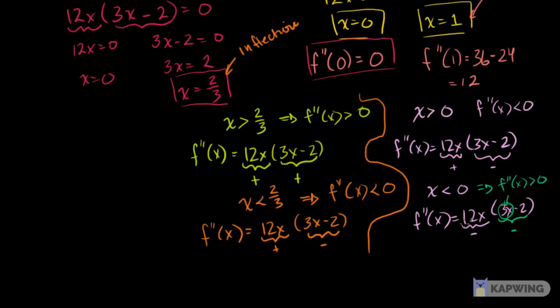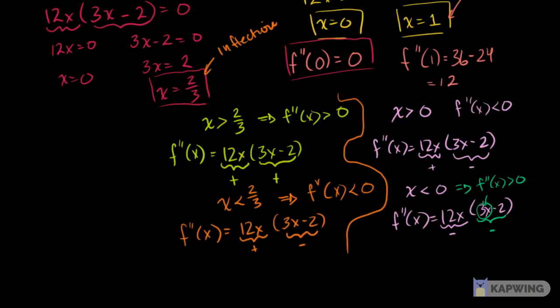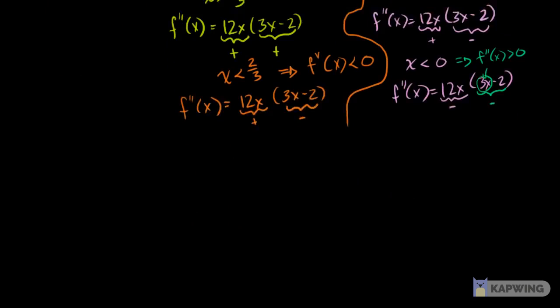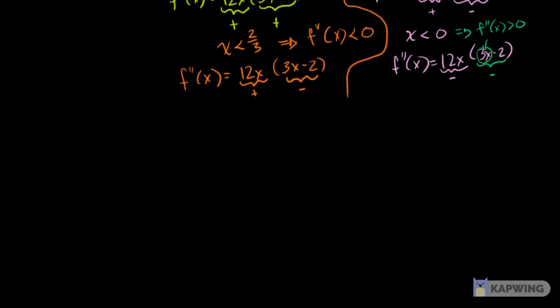Now, this all might have been a little bit confusing, but we should now have the payoff. We have all of the interesting things going on. Let me write it over here.